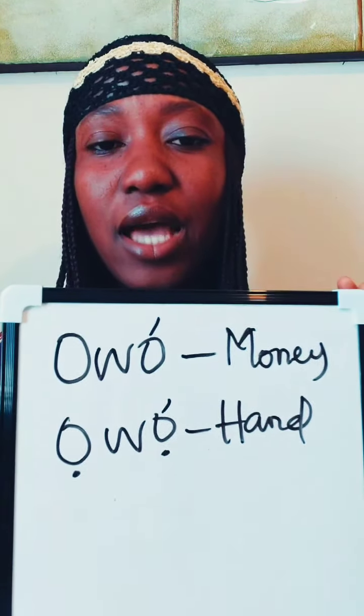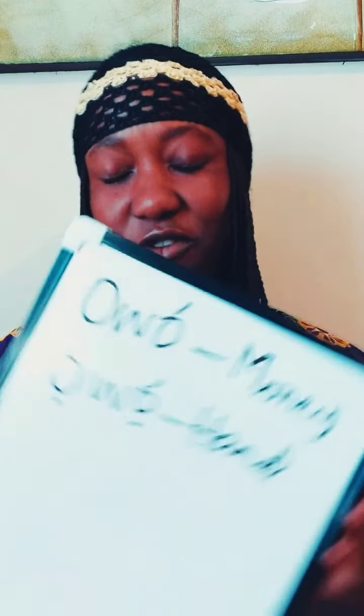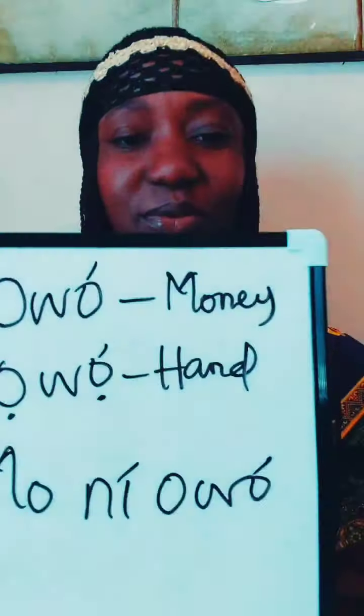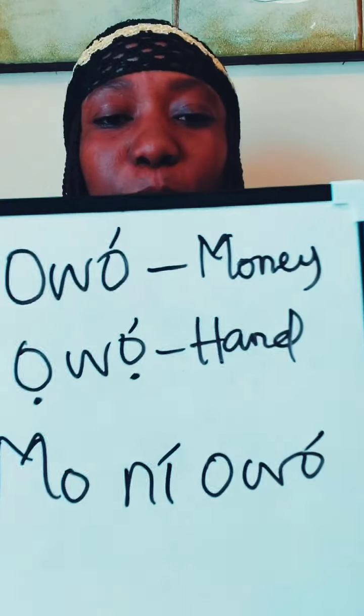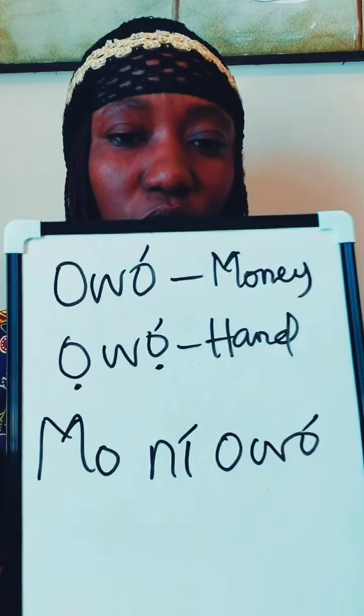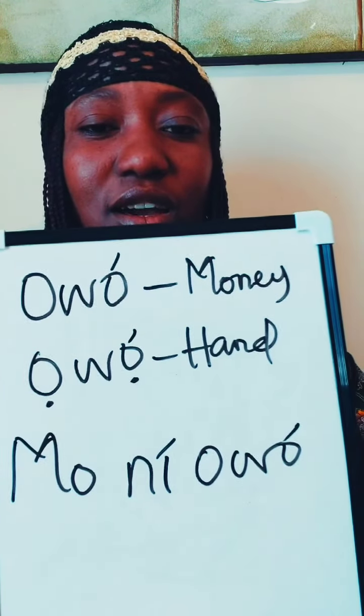So I'm going to use them in a sentence. Mo ni owo. Oh, that was going to be a question. Well, I already told you the answer, so that's fine. Mo ni owo. Can you see that? So that's how you say it.